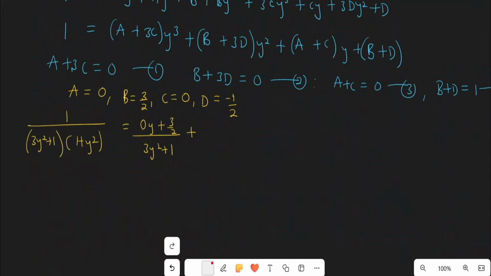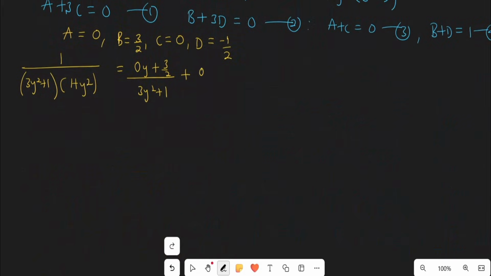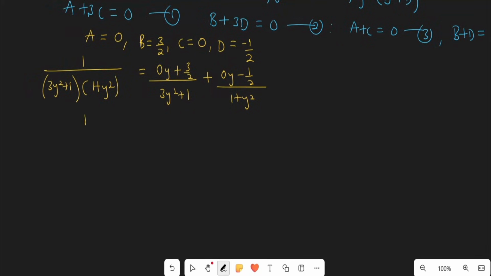So c here is 0, so 0 times y plus d, that is going to be negative 1/2 divided by the second factor, 1 plus y squared. So 1 over 3y squared plus 1 multiplied by 1 plus y squared is the same as 3 over 2 multiplied by 1 over 3y squared plus 1, and now this is minus 1/2 times 1 over 1 plus y squared.